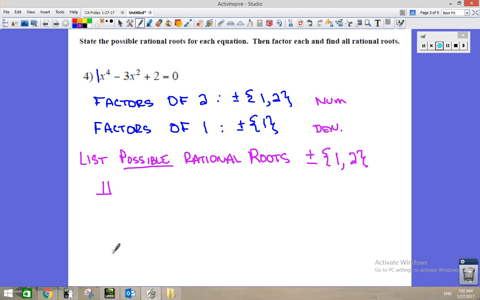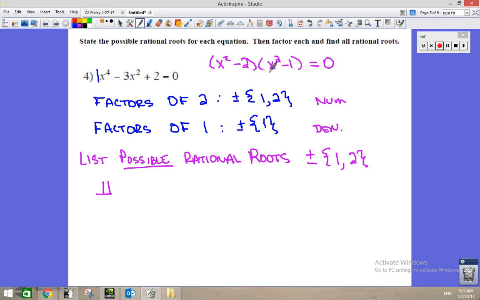I could go through all of this work of factoring it using synthetic division, or I could just look at it and say this is quadratic in form, where I know that this is going to factor to x squared minus 2 and x squared minus 1, because negative 2 times the negative 1 is positive 2, and negative 2 plus a negative 1 is negative 3.